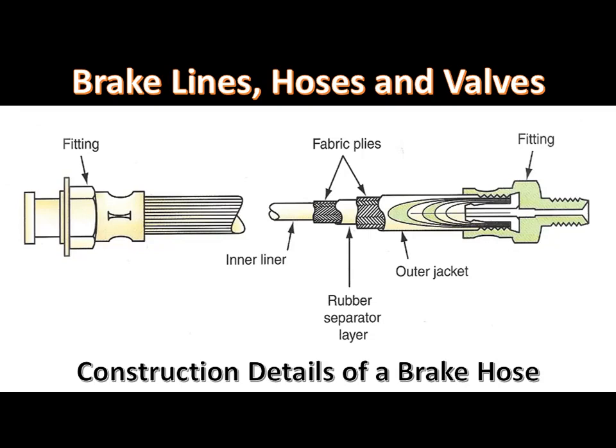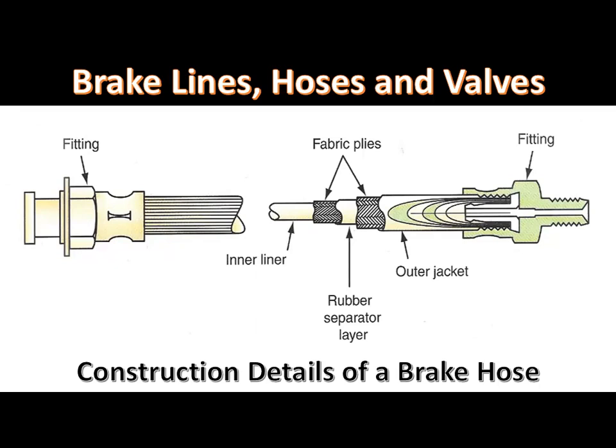Brake hoses are a flexible connection between the chassis and the wheel calipers or cylinders, or between the rear axle and the chassis. Brake hoses must conform to the SAE J1401 standard that requires the hose to withstand 4,000 psi pressure for 2 minutes without bursting.